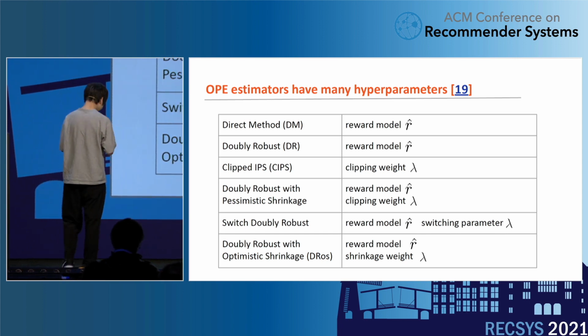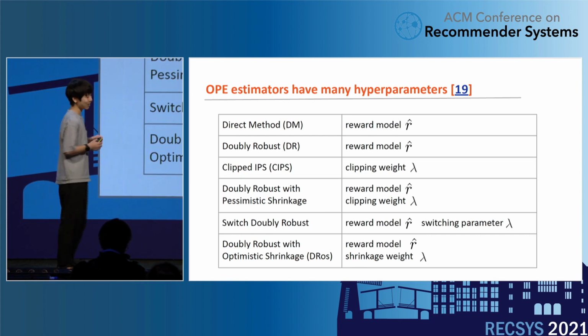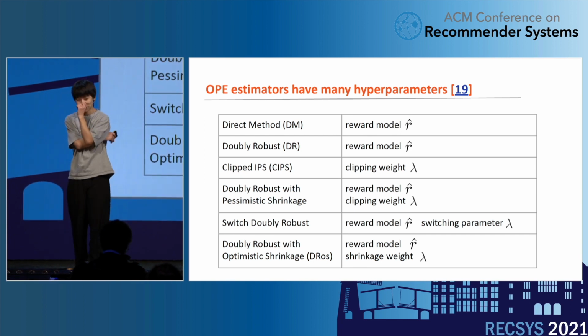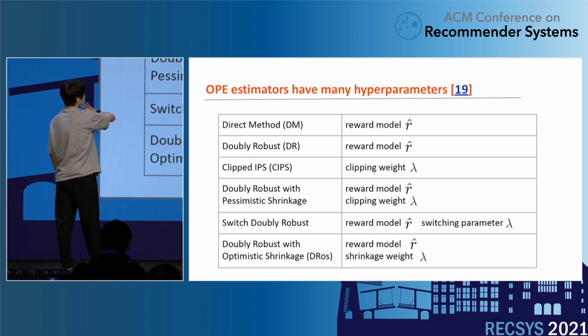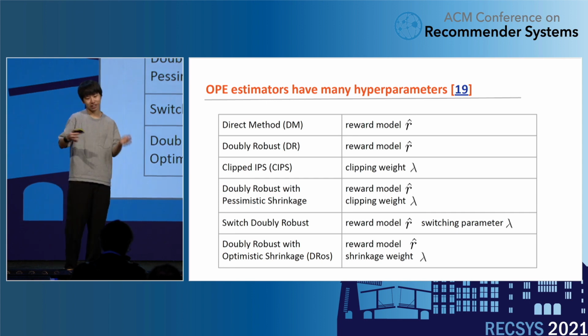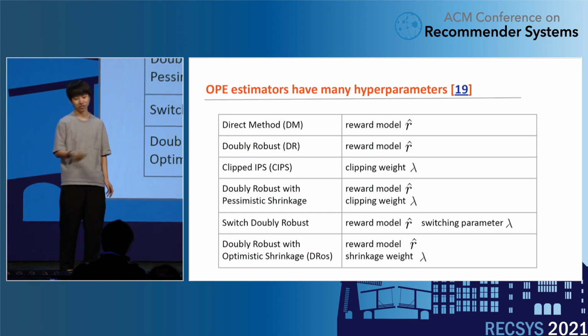One notable thing is that we have many hyperparameters for off-policy estimators, right? For example, the direct method and doubly robust have a reward model, a reward predictor, meaning that we have to choose what kind of supervised machine learning method to use, such as random forest or support vector machine.